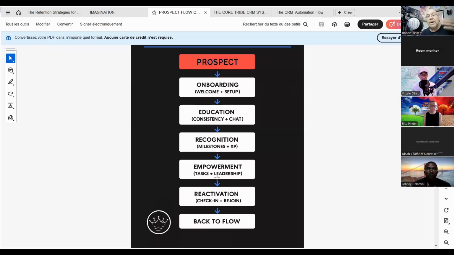Each one of those should have the thought of how is the prospect's journey? What is their onboarding, right? What is the welcome? How do they set up their website, their profile? What's the education beyond that? Well, you've got to go here to download this. Take a look at the back office. The videos are there, yet nobody wants to watch them, right? Even if the information is there, people don't want to watch it.